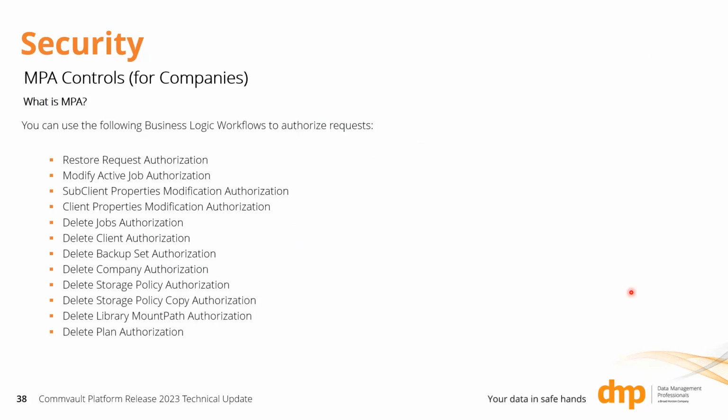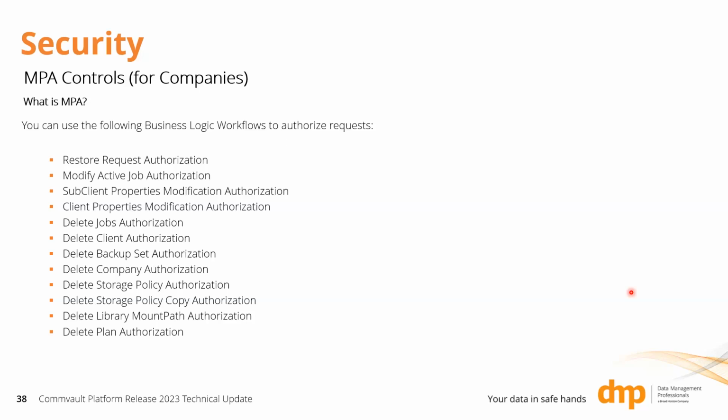These are the workflows which are currently available, which can be used to authorize requests. You can see it's also for restores. You can define a client computer group for which a restore cannot just take place. It needs to be confirmed by a second person to be able to restore certain data.